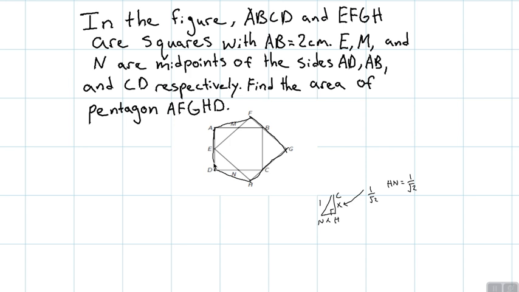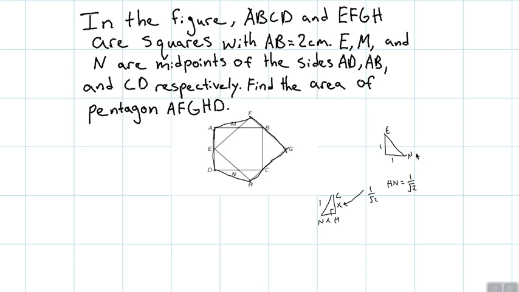So next, to find the measure of NE here, we can do the same thing, use the Pythagorean theorem. We know that these side lengths in this right triangle are 1.